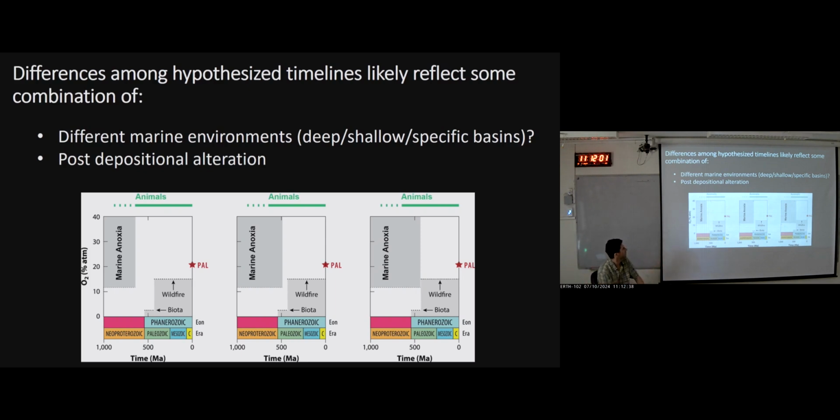So this is one possibility. But we also need to remember that these redox-sensitive elements are measured in rocks that are super old. And another explanation is that some of these records may be altered during the protracted time they span in the subsurface. And I'm going to focus now on the second explanation.